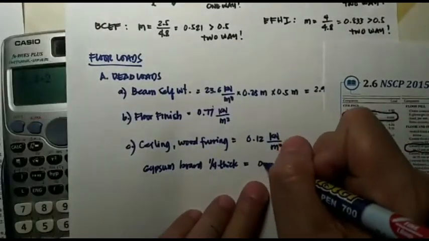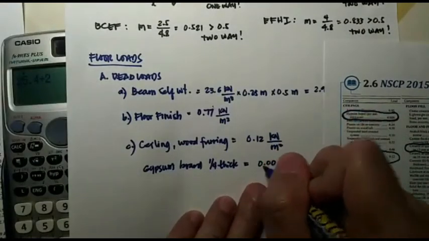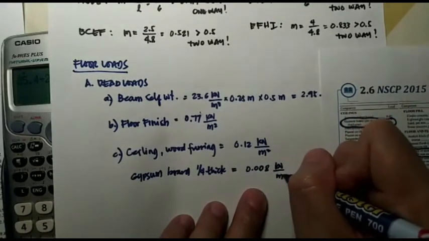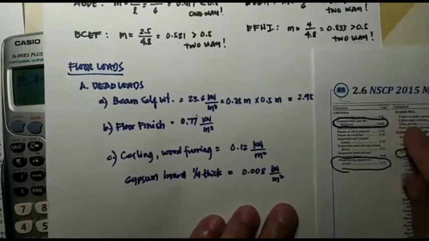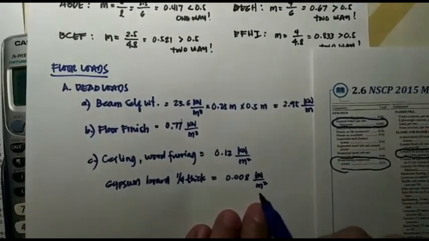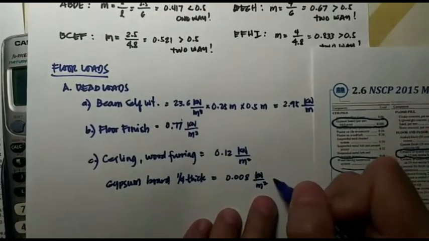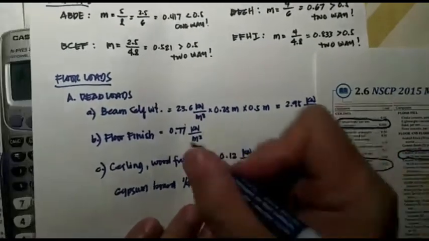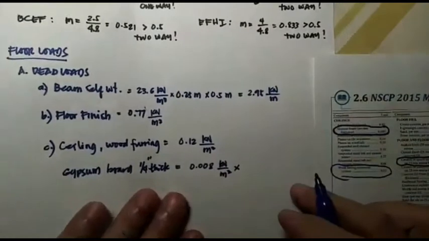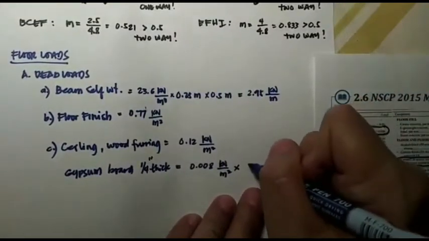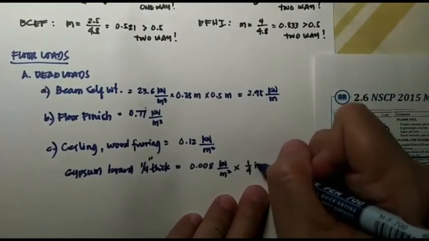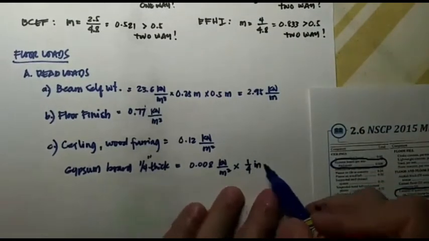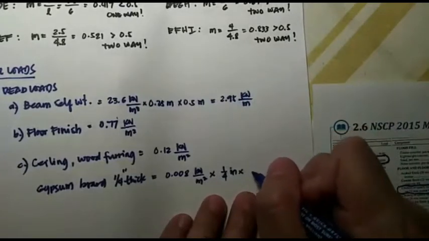Kaya lang this is per millimeter thickness. So that is 0.008 kilopascal, kilonewton per square meter. Kaya lang this is per millimeter thickness. So imumultiply natin to kung gaano kakapal. So ang kapal niya is 1/4 inch thick. Okay? So that would be 1/4. Kaya lang inch. So para siya maging consistent, i-convert natin muna.